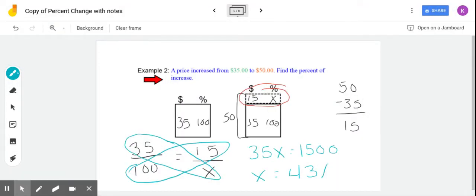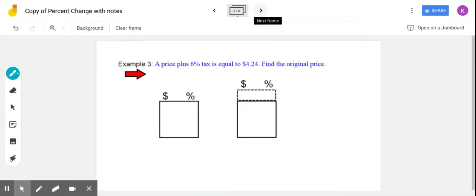Okay, let's try the next one. A price plus 6% tax is equal to $4.24. Find the original price. This one's a little different. This time they don't give us the original price, so that's where our X is going. But that original price is still 100%.